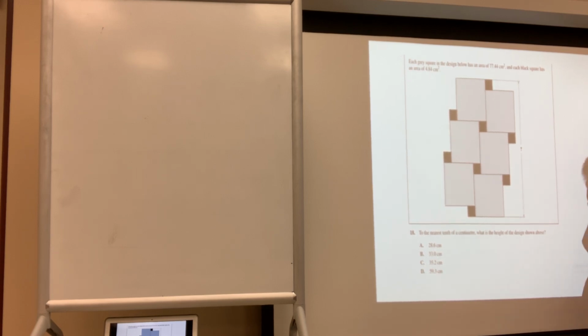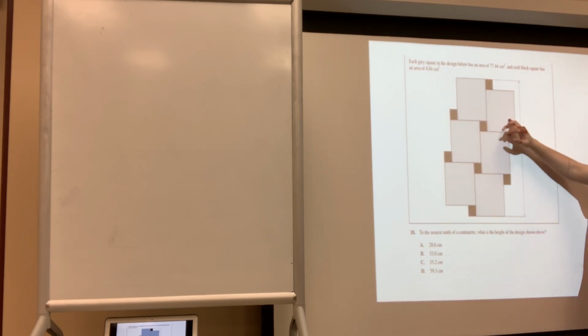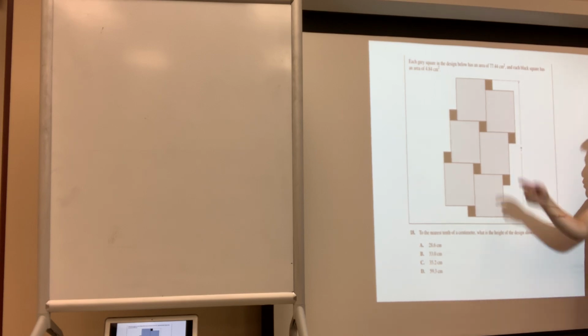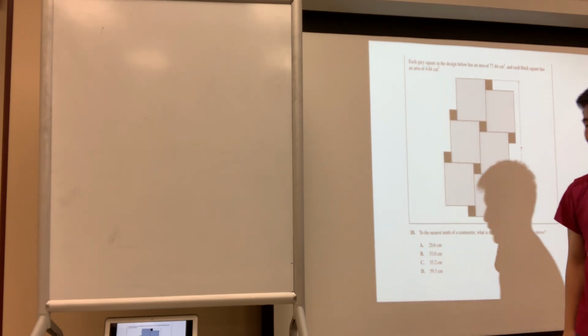Okay, so I think there's multiple ways to do this. Of course, there's multiple ways to do anything, but the way that I did it was, I noticed that the height was 3 of these gray squares plus 1 of these black squares, right? So right now we only have the area of each of these squares, so we want to find the length of these squares, because it's 3 lengths of the gray squares and 1 length of the black square.